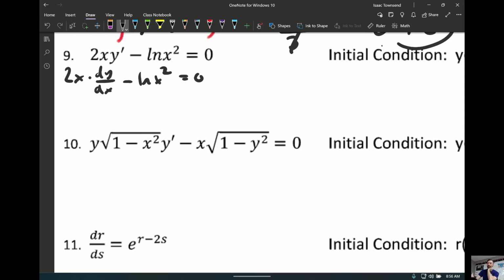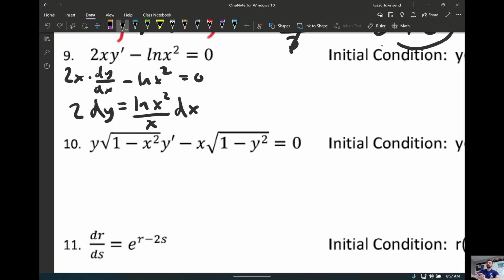So I could add the natural log of x squared to the right. I could divide both sides by x. I could multiply both sides by dx. And I could divide both sides by 2 also, but I'm just going to leave it on the left, and I'm going to leave dy on the left.